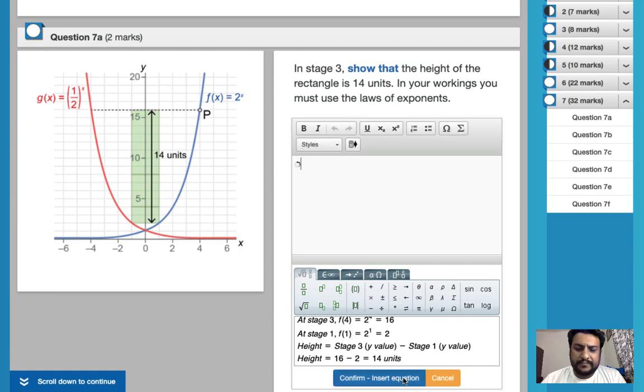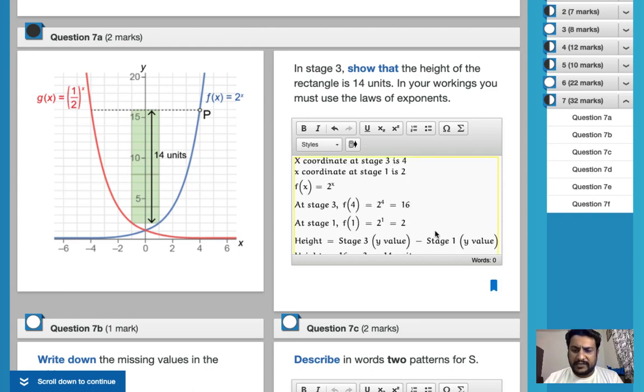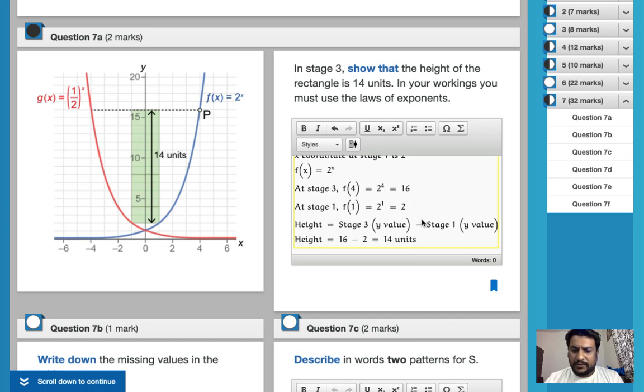Okay, so this is your first question. I have explained it in detail over here. I have written all the stages and all the steps possible over here.